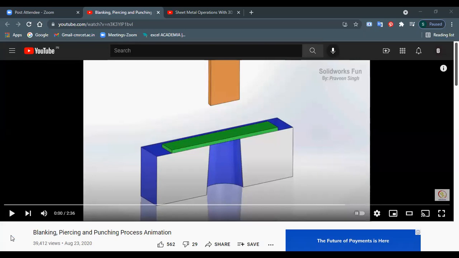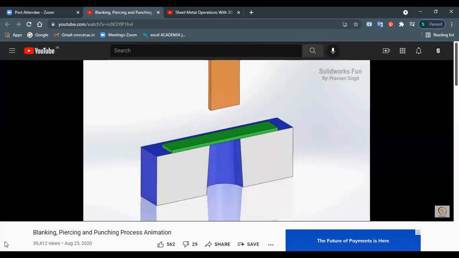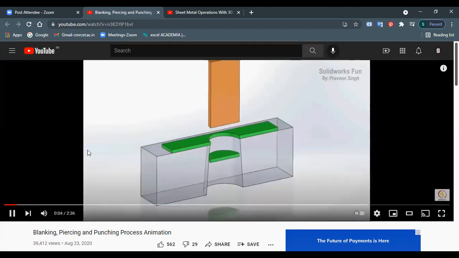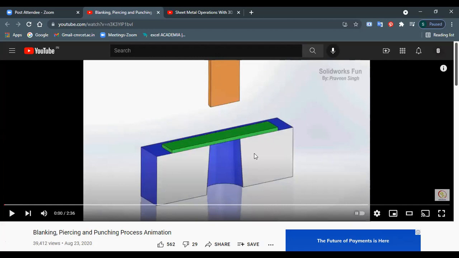If the blank is desired, then we call it blanking. If the remaining portion after removing the blank, the remaining portion of the workpiece, is required, then it's called piercing. So you see shearing action taking place, as we have seen that shearing is the mode of deformation in blanking and piercing.